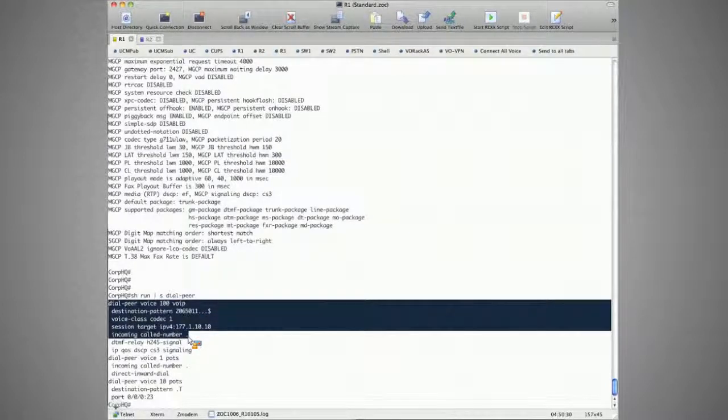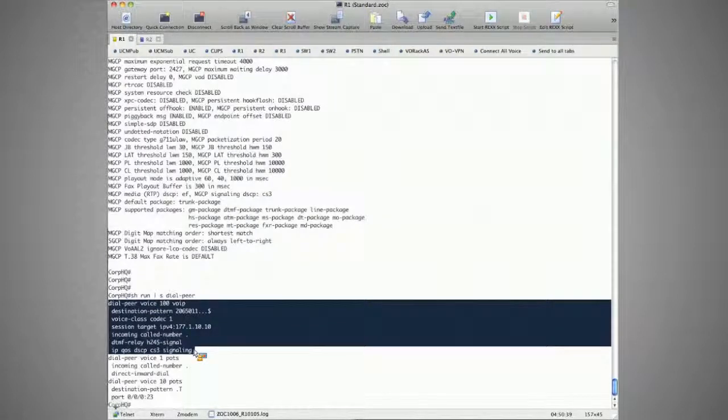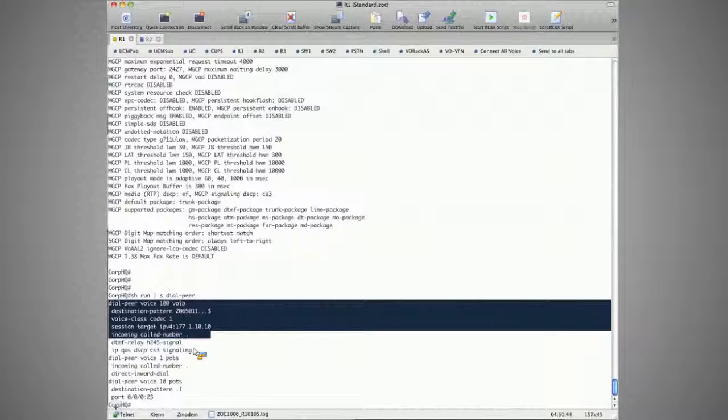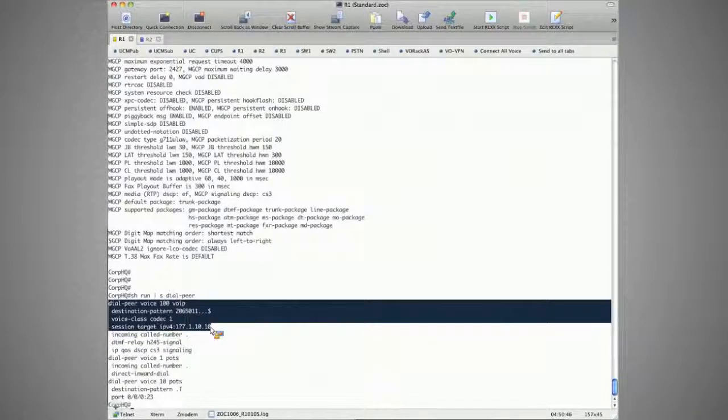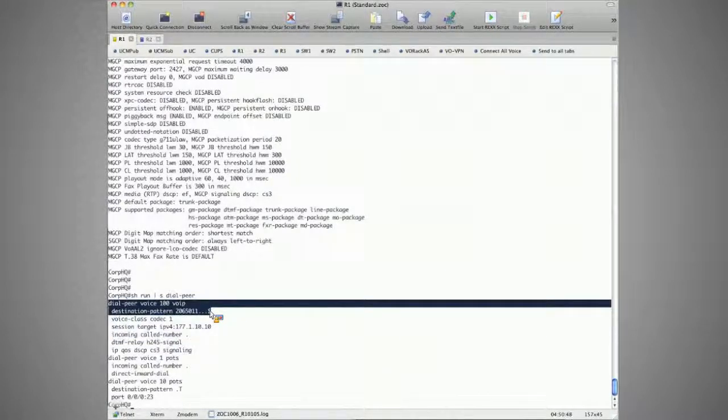We'll talk all about direction, ingress and egress of gateways tomorrow. For this session protocol of H323, which is the default, and then outbound, leaving from the gateway to the CUCM, the session target of the pub with the destination pattern of 10 digits.